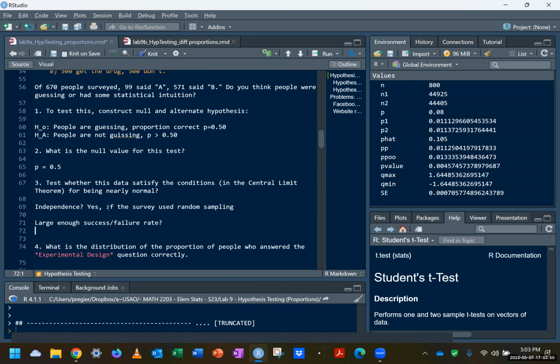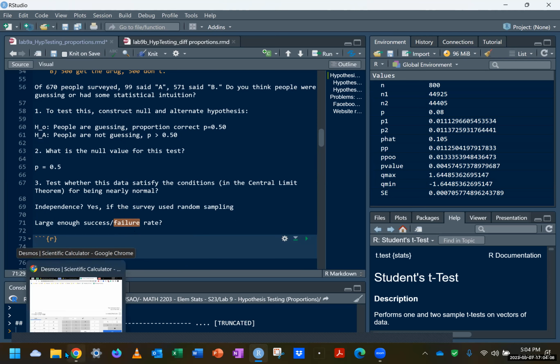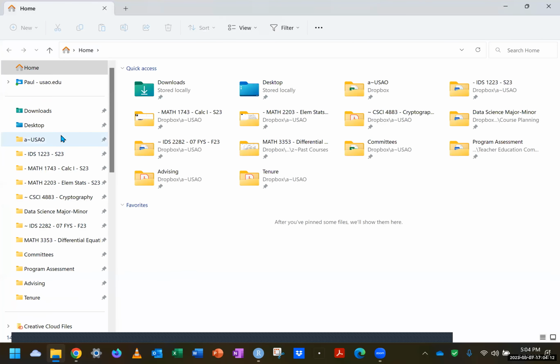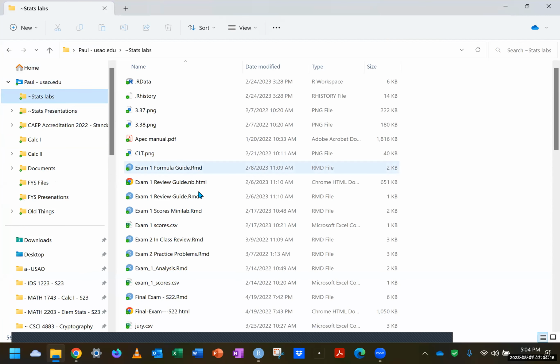So the success and failure rate depends on what we assume. Actually, I'm going to check this. Is the failure rate based off our sample, or is it based off our null value? That's an important question. So let's go look back at lab 8 and see what the conditions were for that. Something we always have to do in statistics is check our assumptions.